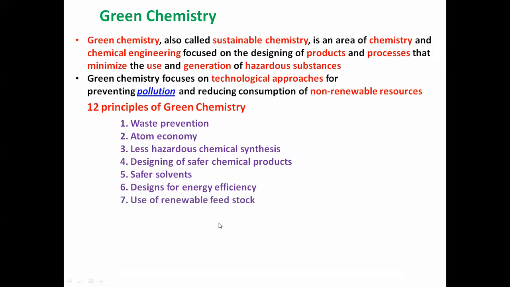Then use of renewable feedstock, meaning natural compounds for the preparation of the same products, renewable and not depleting. Then reduced derivatives. Some derivatives are produced in between the chemical reaction, so we should avoid these derivatives to make the process energy efficient and also to avoid waste. Then use of catalysis. This is again energy efficiency.